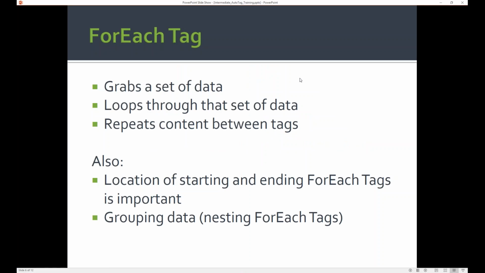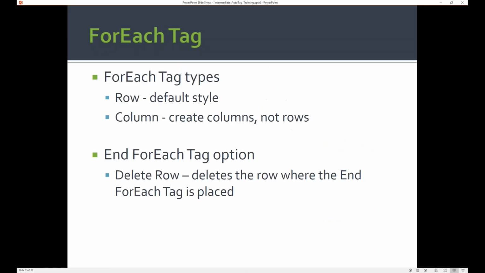Go back to our slides for a moment. All right. So we talked about legacy, row, and column ForEach types. We talked about the delete row attribute, which deletes the row where the end ForEach tag is placed.